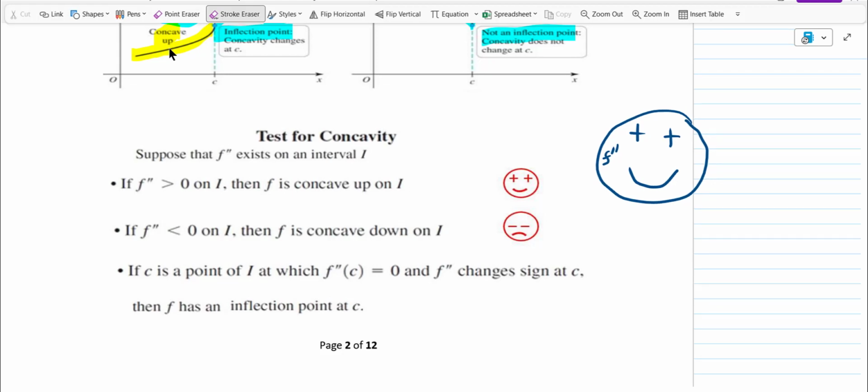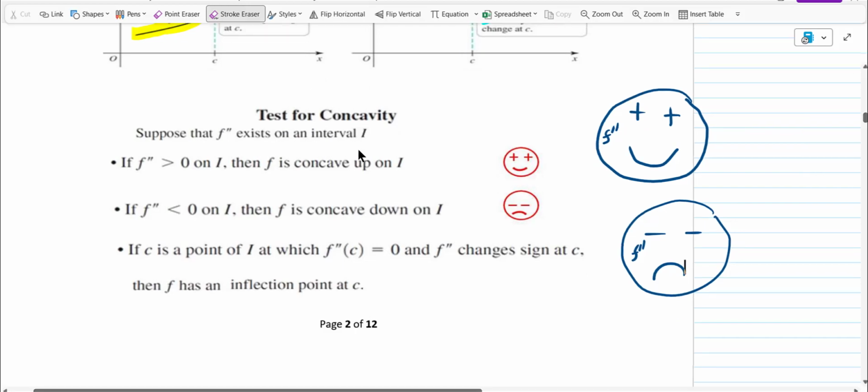And what that says is if the second derivative is positive, then you're concave up. That's how I remember that. Then if you have a sad face with negative eyes and put the tattoo on the cheek, that's how you tell if something's concave down. So those two faces tell you how to analyze concavity. All right, let's go to the next page.